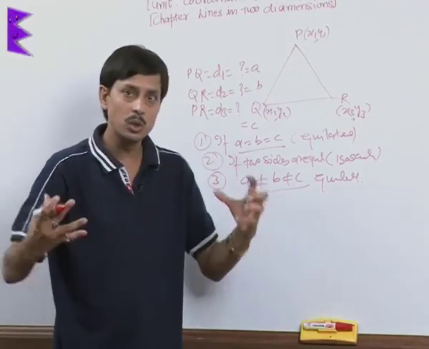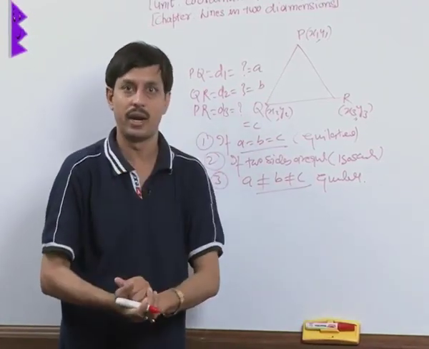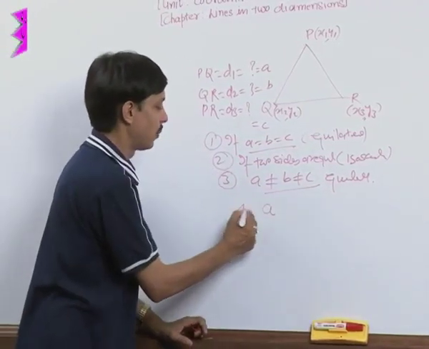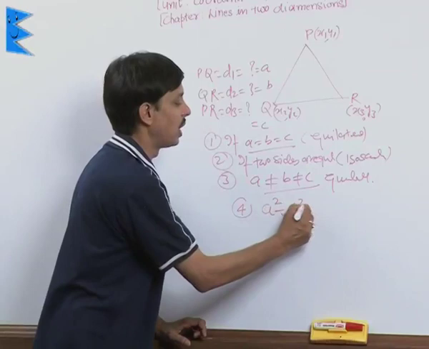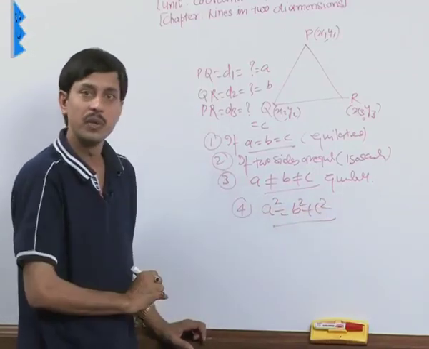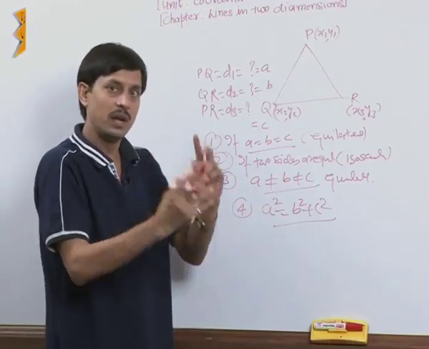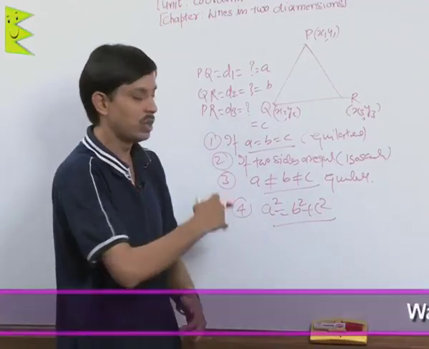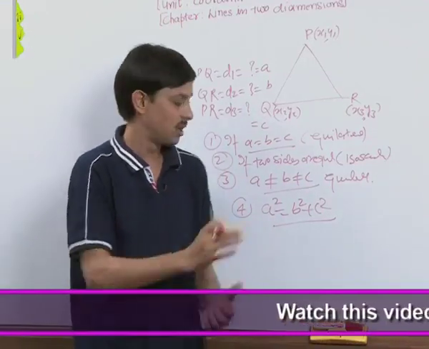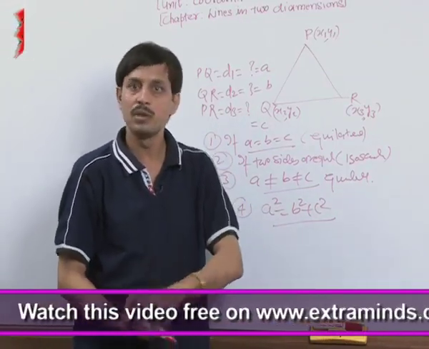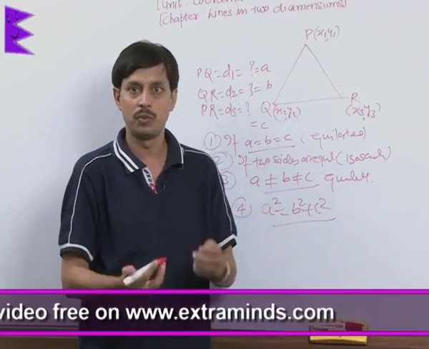Similarly, we can also observe one important fact: if the square of any of the sides, suppose A square, comes out to be B square plus C square, then using the converse of Pythagoras we say the square of one side is equal to the sum of the squares of the other two sides. So we conclude that the distance formula is very useful to decide the nature of a triangle.